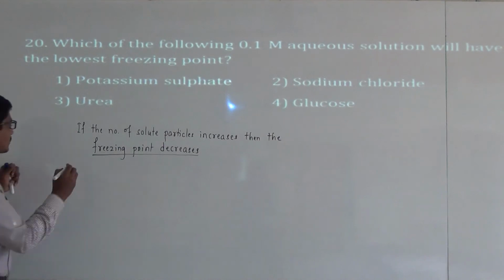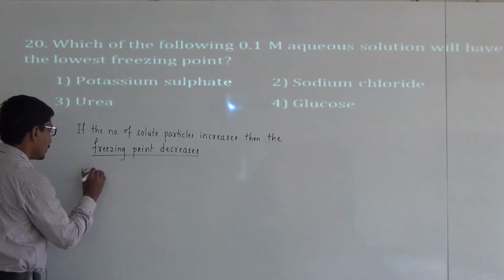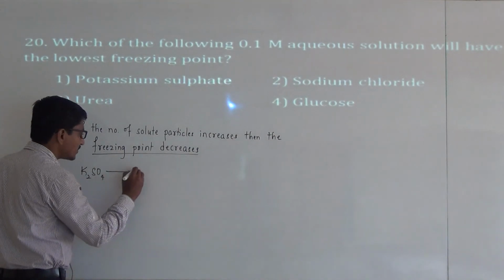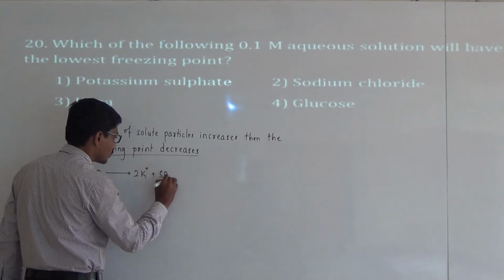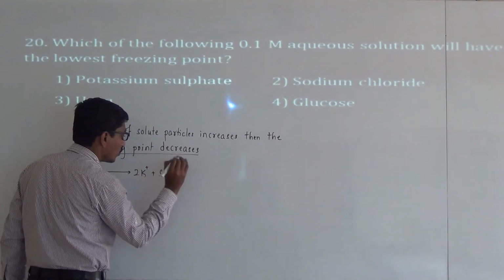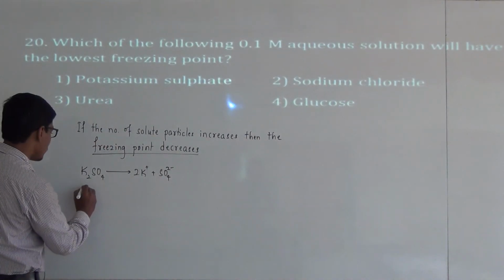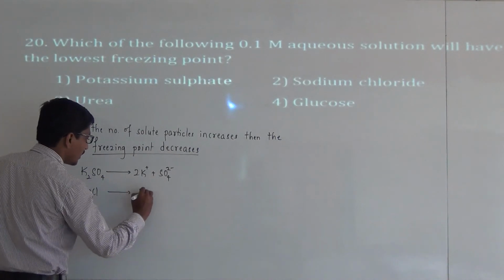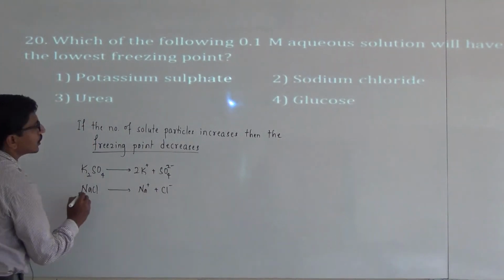From these four options, the first one is potassium sulfate, K2SO4. In aqueous solution, this ionizes to form 2K plus and SO4 2 minus. The second one is sodium chloride, NaCl, which dissociates into Na plus and Cl minus.